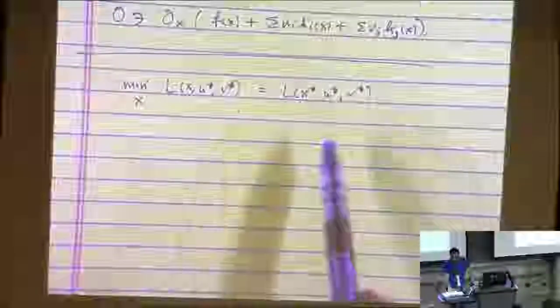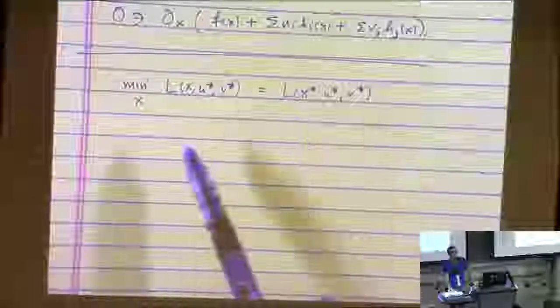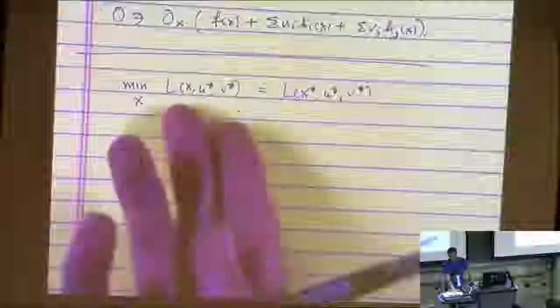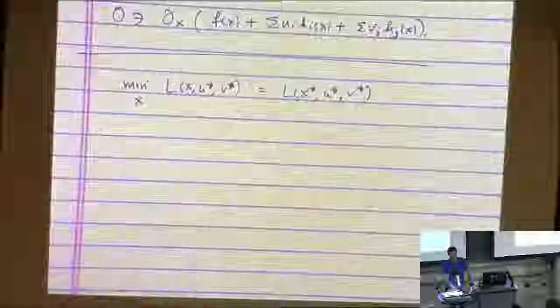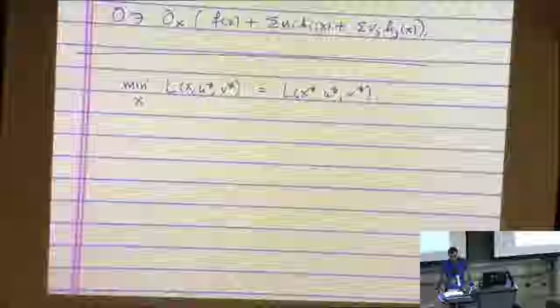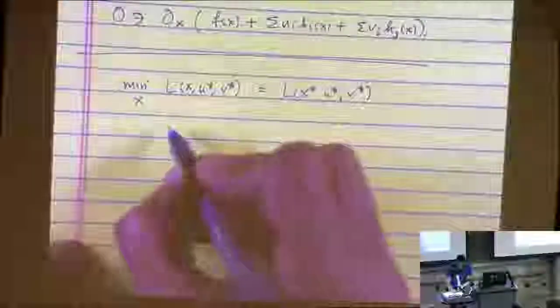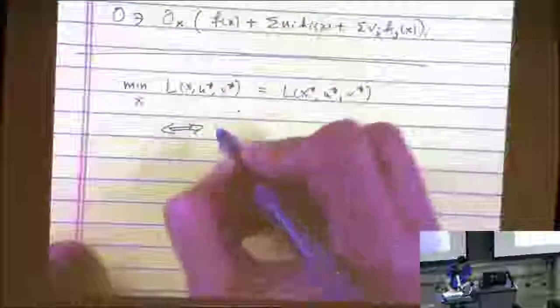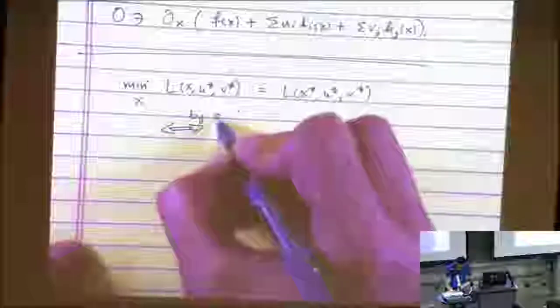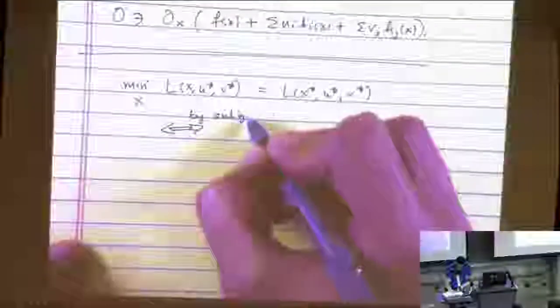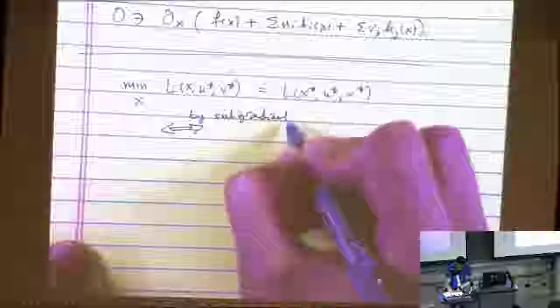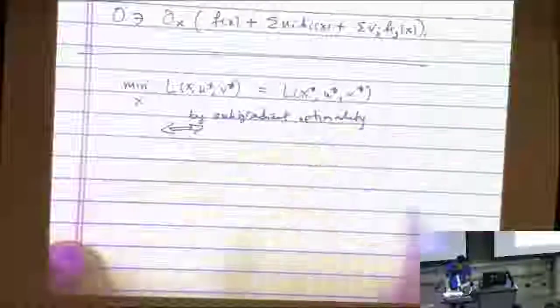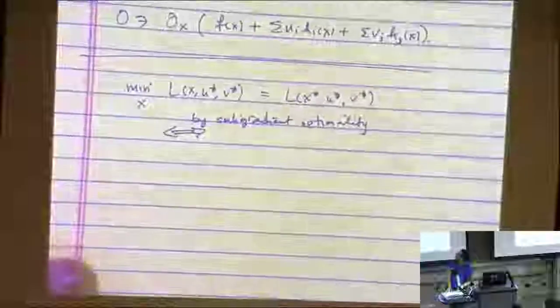And what this tells us is that x star minimizes the Lagrangian over all x, fixing u star and v star. That's exactly what that tells you. And we know that this is equivalent by subgradient optimality to this statement.